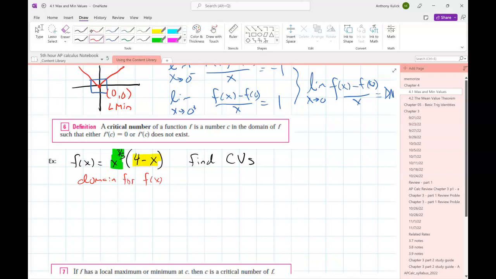I know that the domain for any odd root is all real numbers. And I know the domain for any polynomial like x to the 3rd is also all real numbers. So the domain for this product of two functions, each of which has the domain of all real numbers, is just going to be all real numbers.